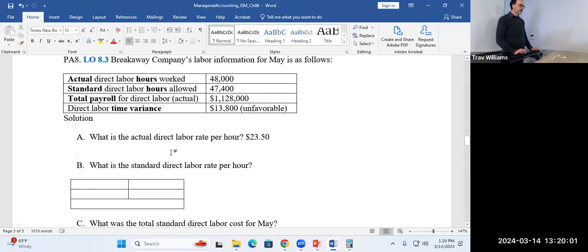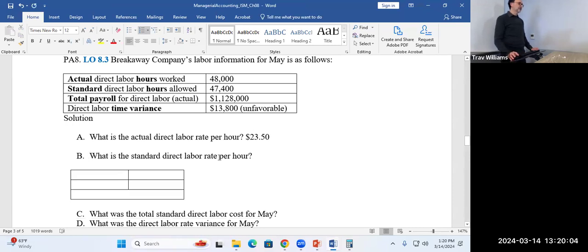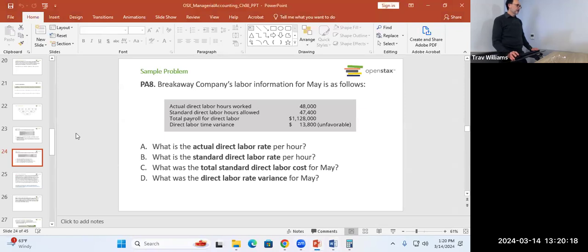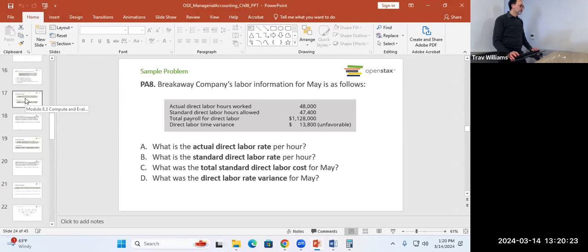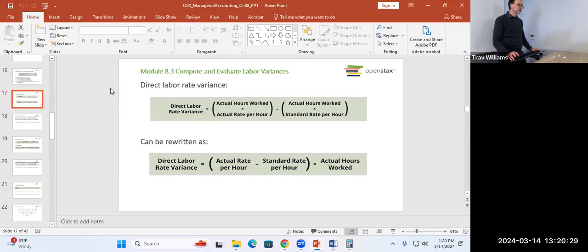But the next question, what is the standard direct labor rate per hour? How do we figure that out? One thing you can do when there's a missing number, if you find a formula like this one that has what you're looking for, standard rate per hour, great, that's what we need.